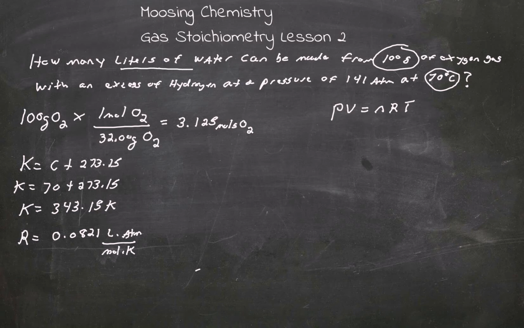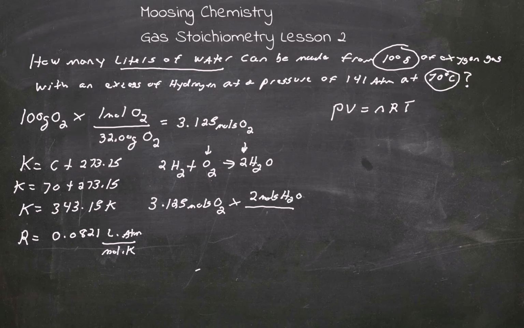So before we start this equation, we have to know the chemical equation: 2H2 plus O2 gives us 2H2O. Now, the mole ratio between oxygen and water is 1:2. So we're going to take our 3.125 moles of oxygen and turn it into moles of water.